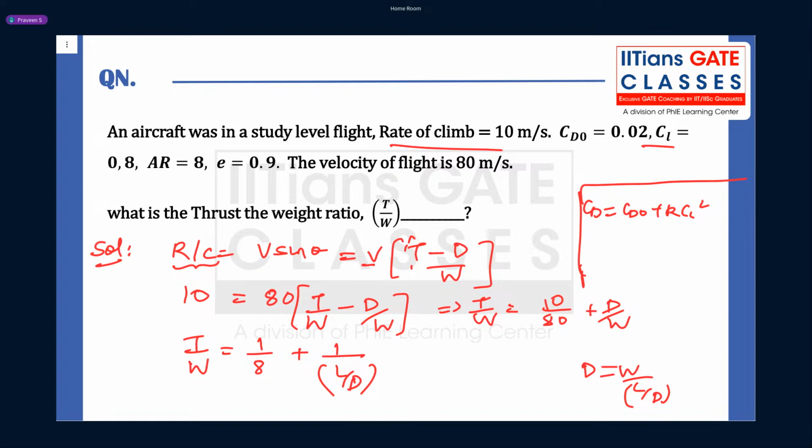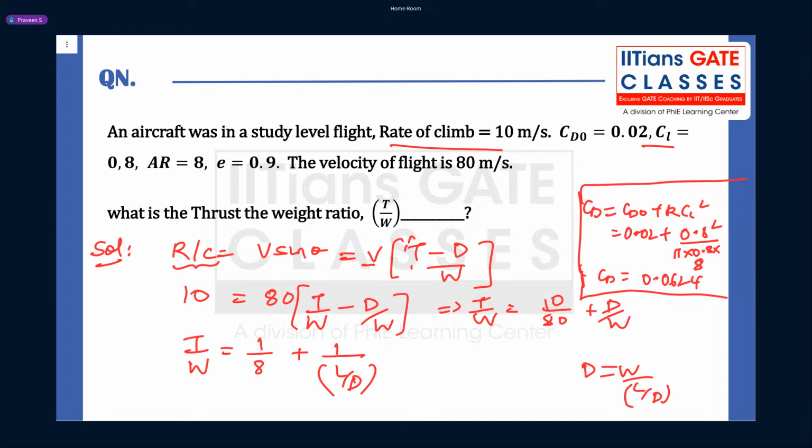So my K, from aerodynamics, comes in as CL squared, 0.8 squared, by 5 into 0.8 into the aspect ratio, which is 8. Okay. And if I do this, I'll get CD as 0.02 plus 0.8 squared by 5 into 0.8 into 8, and I'll get CD as 0.0624.